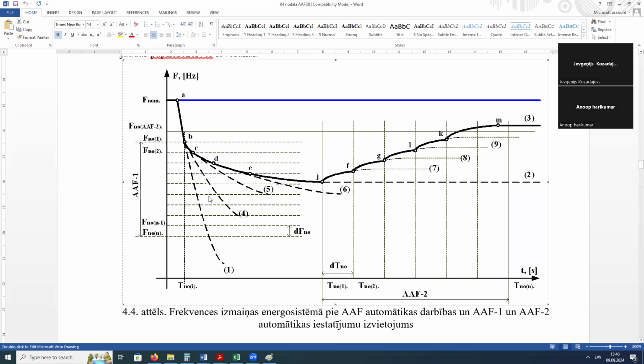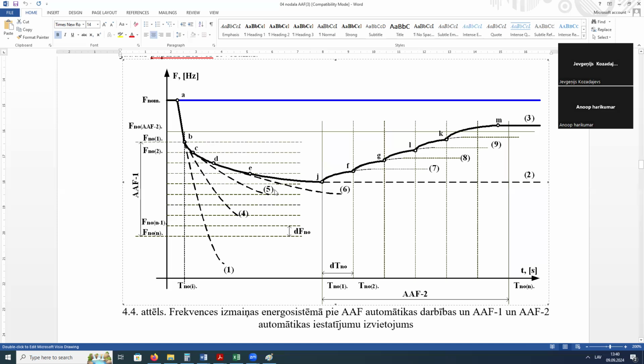They show that with different inertia there is a different speed of frequency drop. With the same shortage and different inertia, the speed is different. So that is the idea of the under frequency automation: to disconnect the load until there is a balance between the generation and the load.